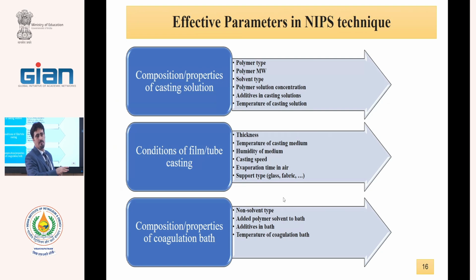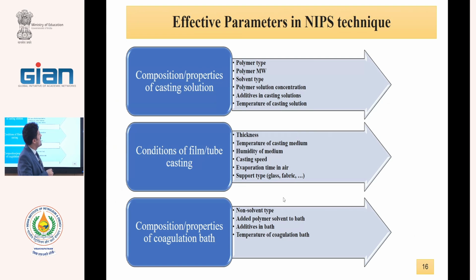Phase inversion membranes can be fabricated as hollow, tubular, or flat sheet. It is not important. The mechanism is similar. Only the configuration of the membrane is changed. We must control these 16 conditions. And with change of every one of these conditions, the properties, the flux, the rejection of the membranes will be changed.